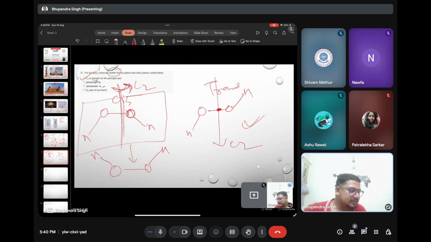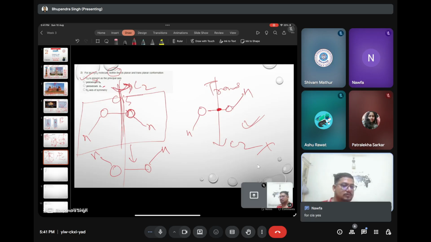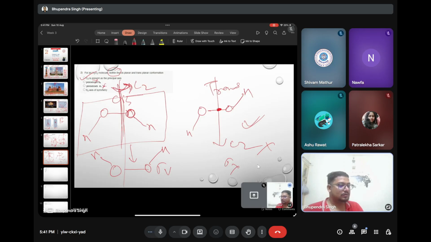Anyway, possesses sigma V. Sigma V is present here. Sigma V is not present here. Here, sigma V is present here, but here sigma V is not present. So this is also gone.